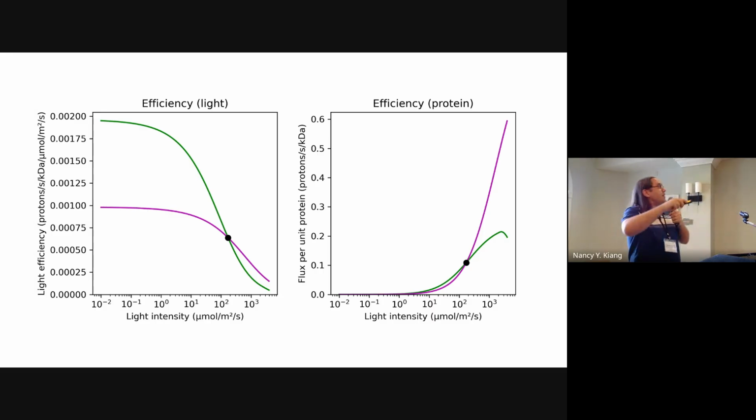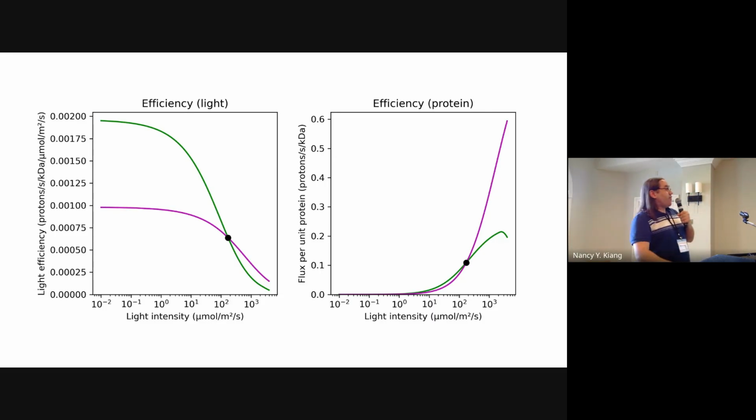At low light intensity, they all are more efficient per unit light, and at high light intensity, they all have higher flux per unit protein. But at low light intensity, chlorophyll wins hands down in both variables, even though they're both low here, it's much, much higher. At high light intensity, the rhodopsin wins hands down on both variables.